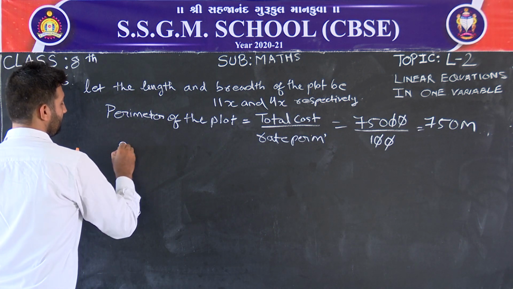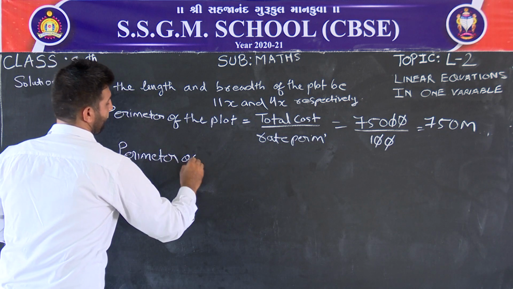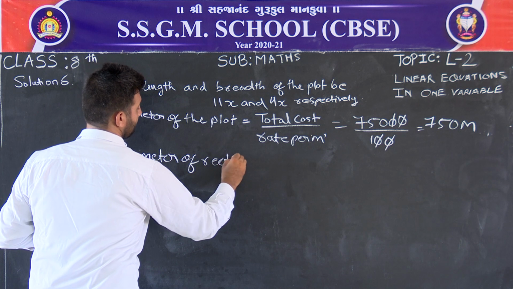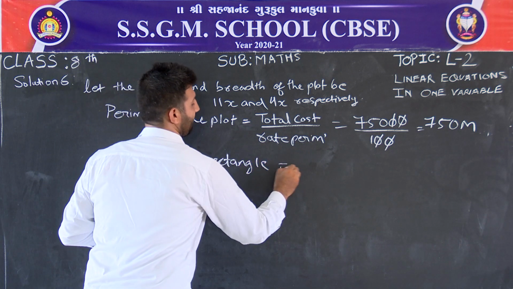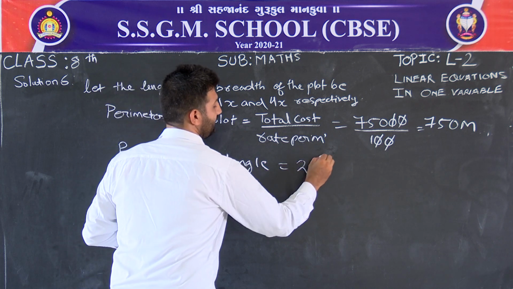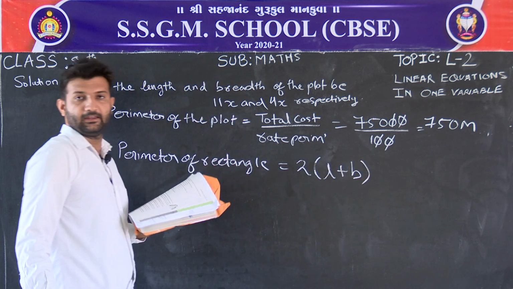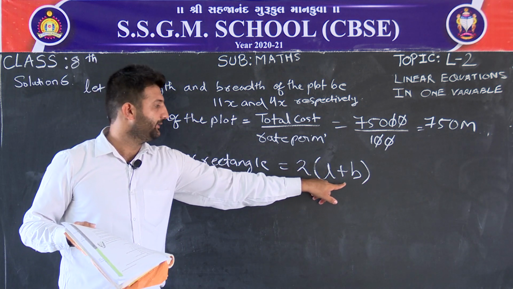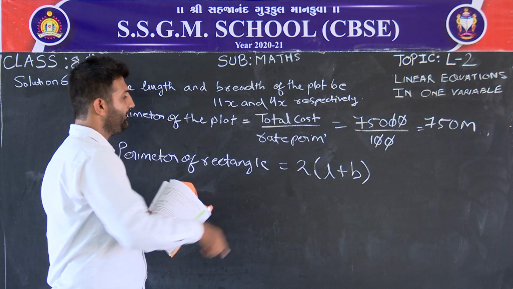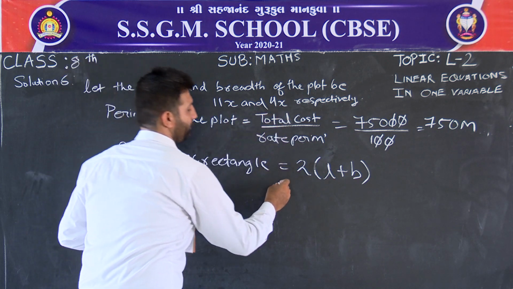Next, perimeter of a rectangle is given by the formula 2 into (L plus B), that is 2 times length plus breadth. Here we have already taken length as 11x and breadth as 4x.